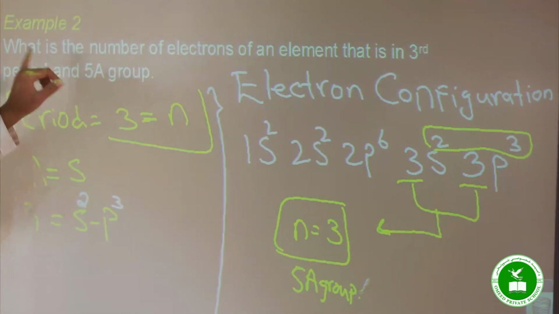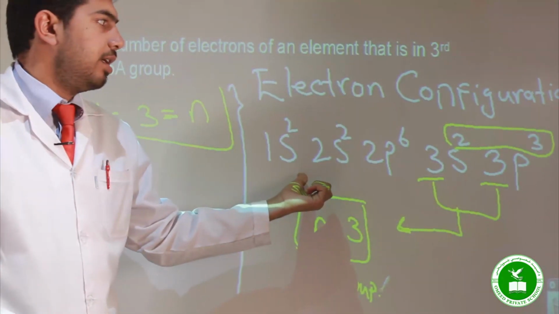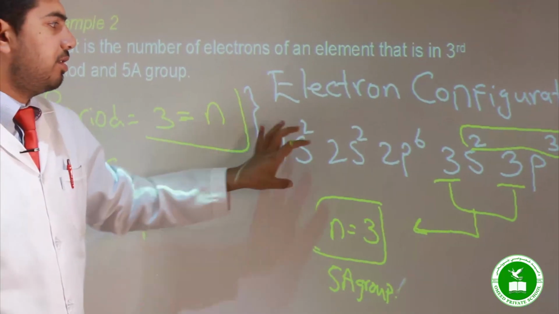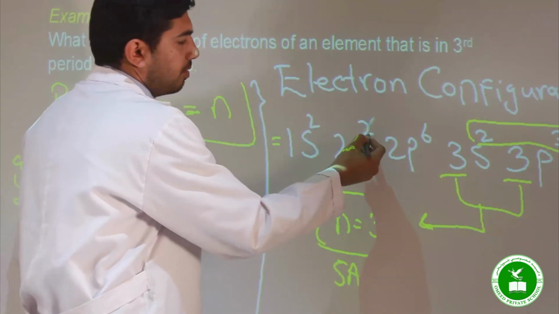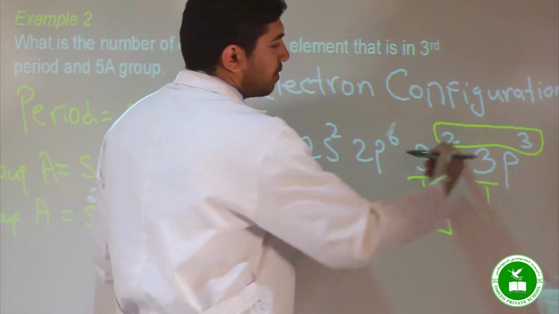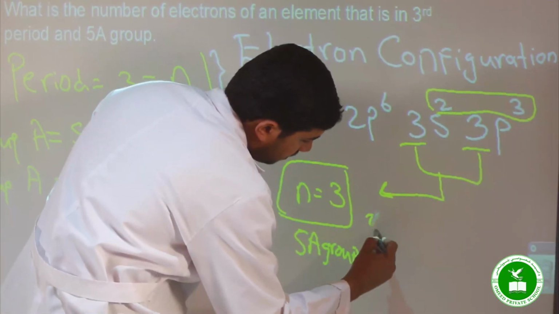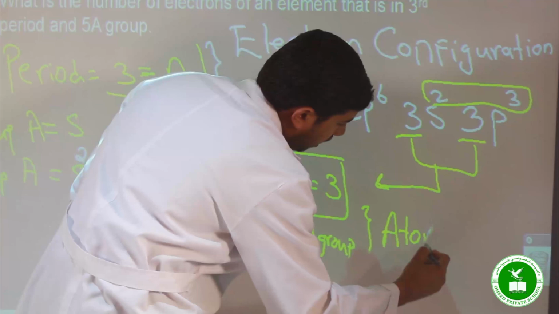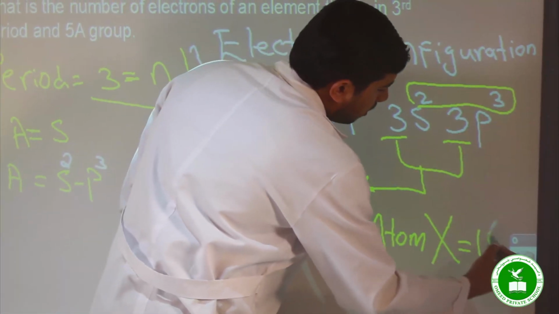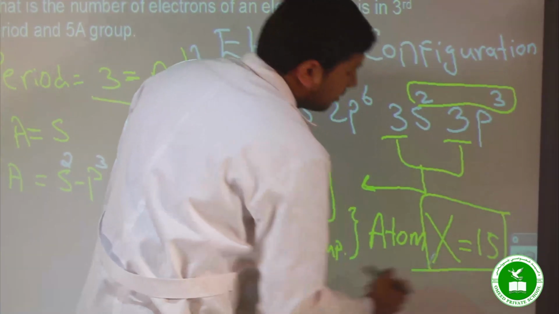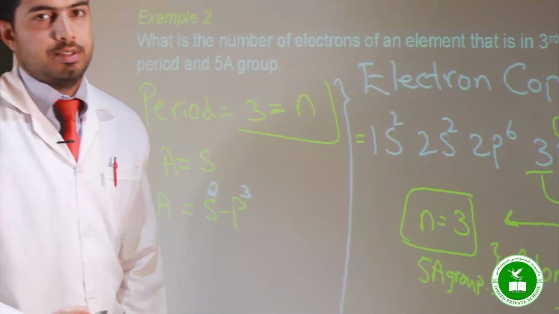Okay, now let's check the question. What's the number of electrons? As we know, this is the electron configuration, so the number of electrons will be determined from this. 2 plus 2, 4. 4 plus 6, 10. 12, 15. Suppose this is an atom by the name of X. The number of electrons is 15, which is phosphorus.